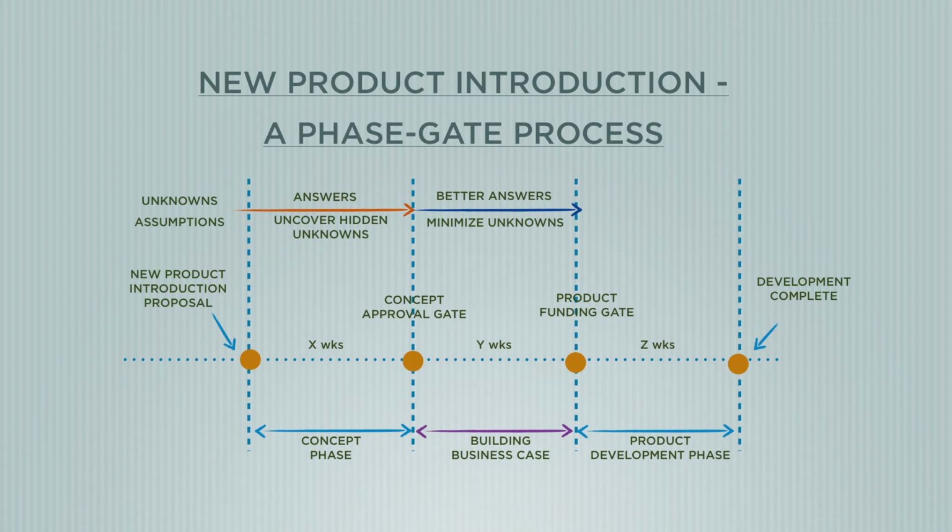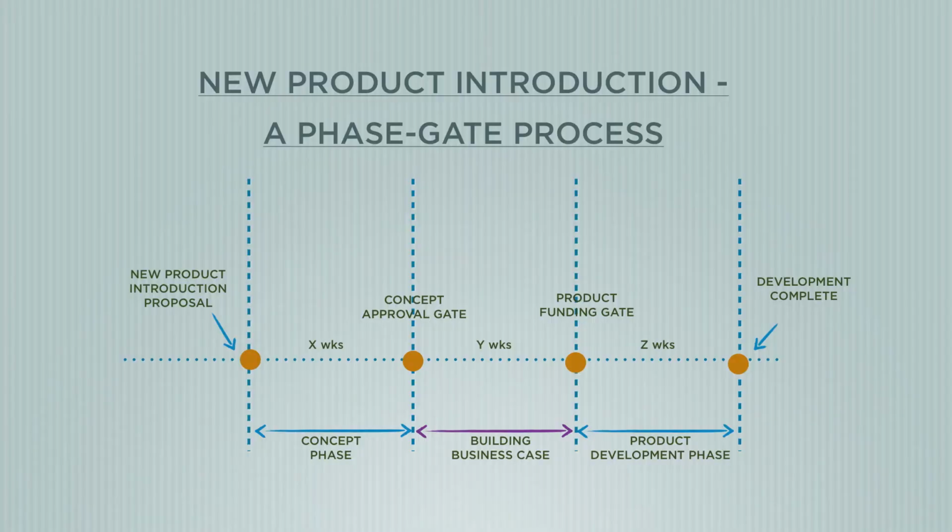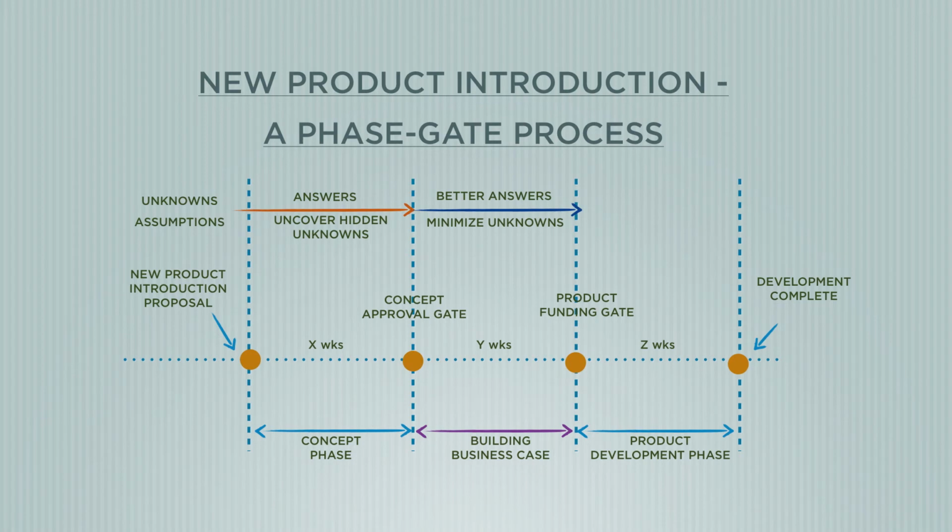This concept really comes from project management. Anybody who is familiar with project management in a deeper sense will appreciate the value of this process. Basically, you're going to first go through a preliminary phase of trying to get answers to some preliminary questions.